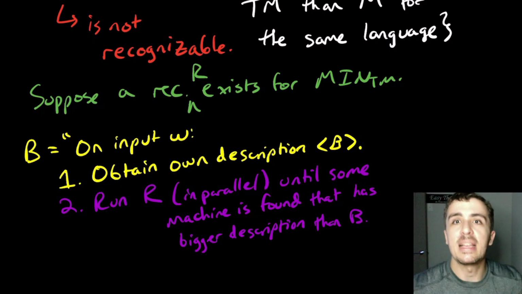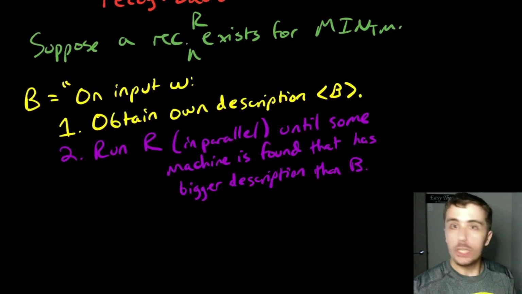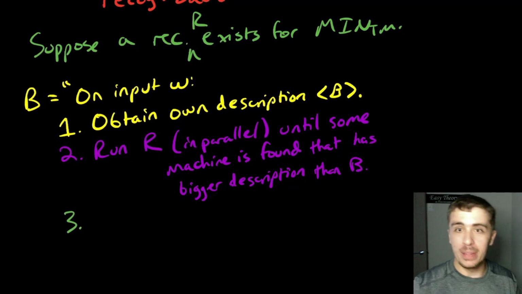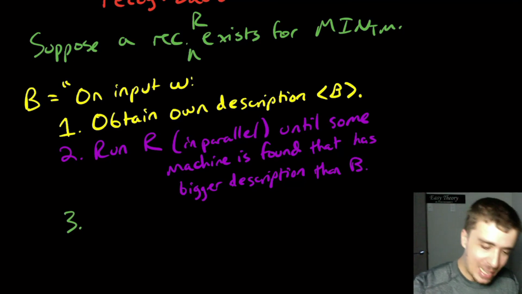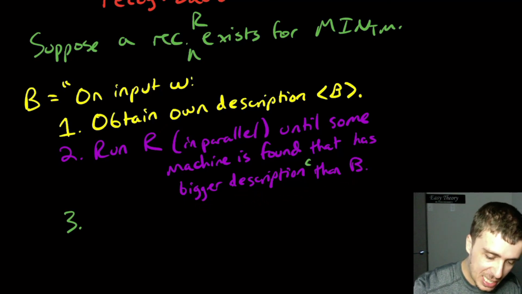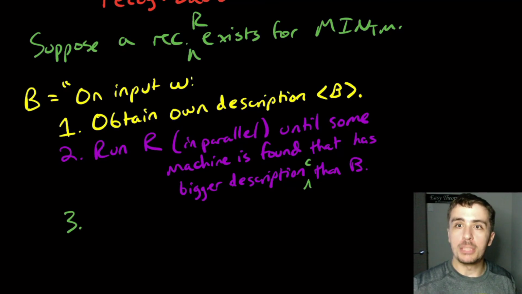There are infinitely many. So what are we going to do? We're just going to simulate this machine that has the bigger description. Let's call it C. We're going to call this machine C and simulate it on W.